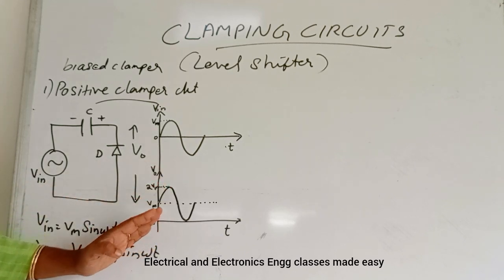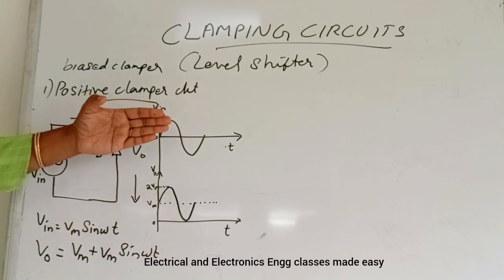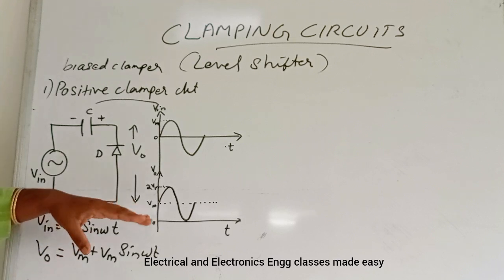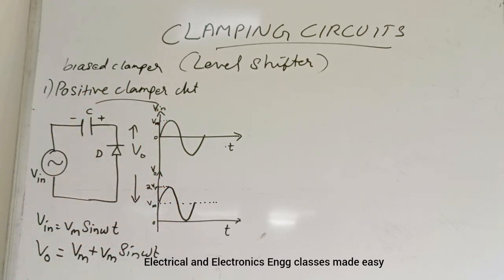Accordingly we get this waveform, which is shifted upward to the upper side of the x-axis. So this is the positive clamper circuit.